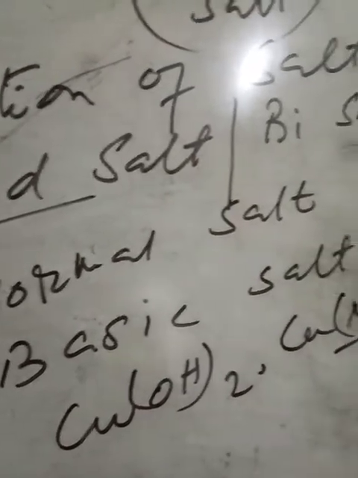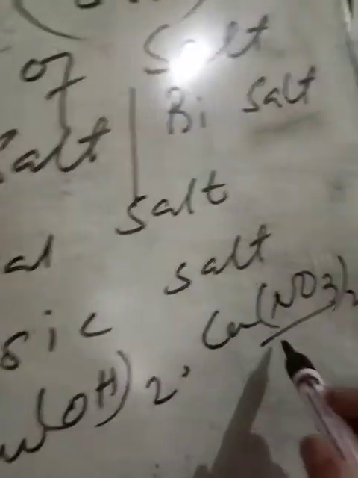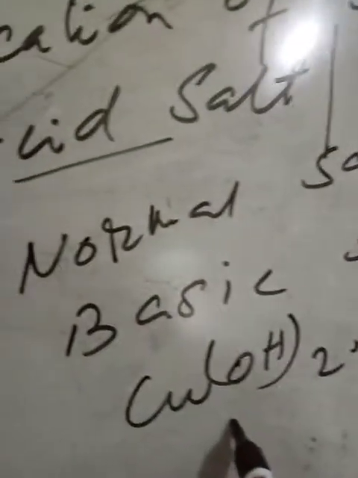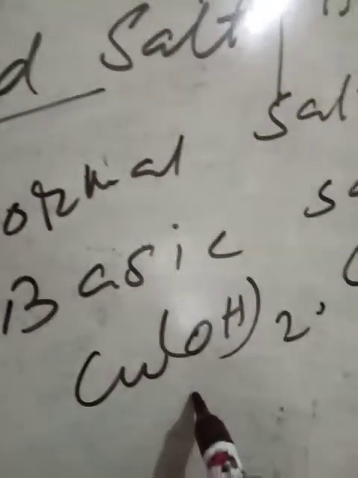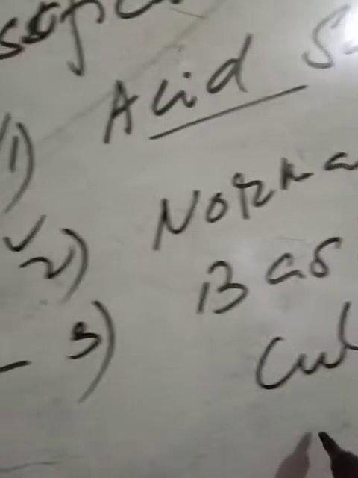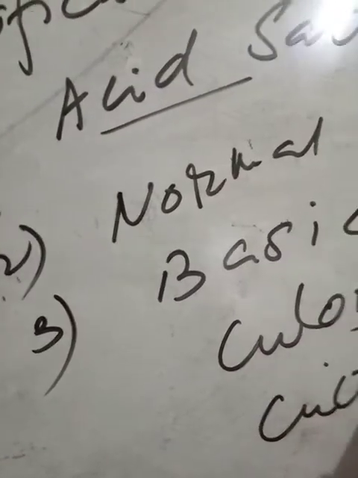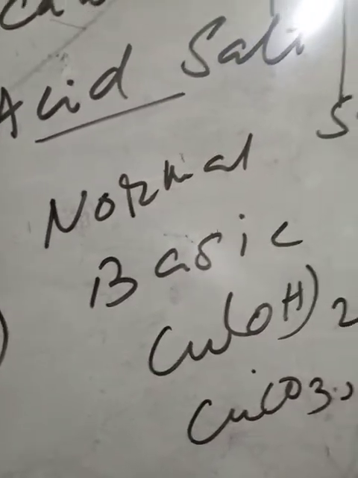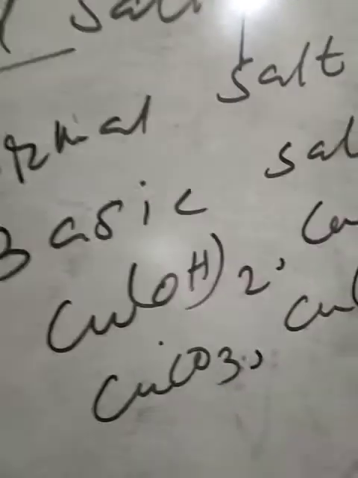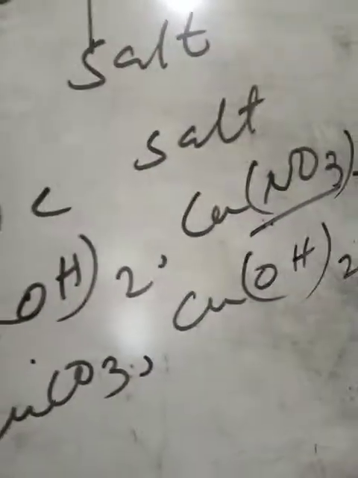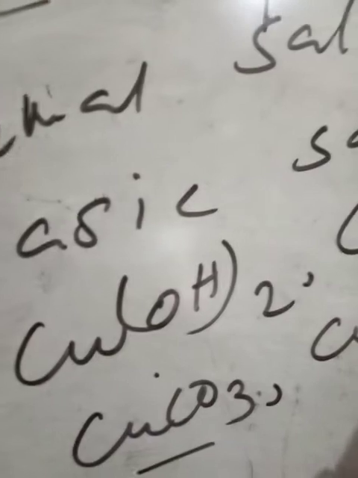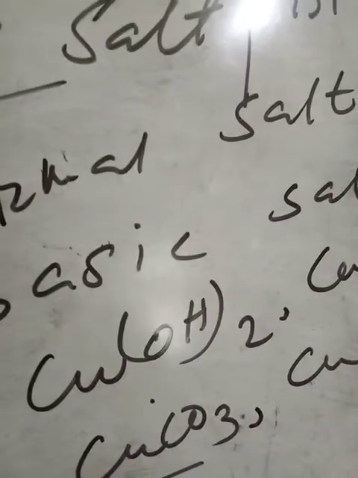This is a salt, but with the salt the alkali is attached. This is basic salt. Or CuCO3, Cu(OH)2, basic copper carbonate. With this carbonate salt, cupric hydroxide is attached.